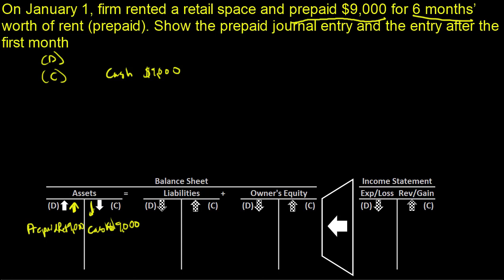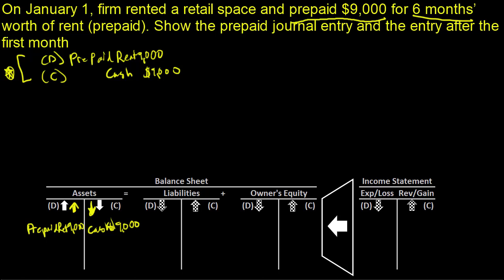So while our cash is going down, our prepaid rent account increases our assets, and so this debit right here, prepaid rent, is going to be $9,000 also. So our debit and our credit associated with this prepaid rent, when we sign it and pay over the cash, is there.